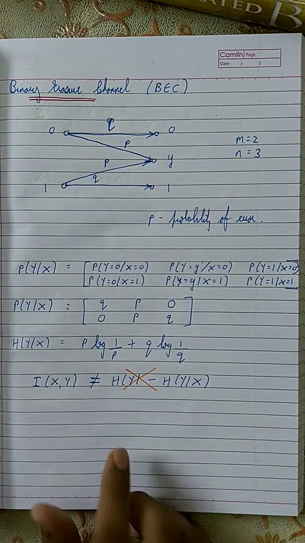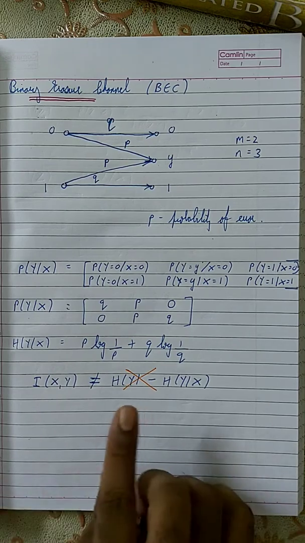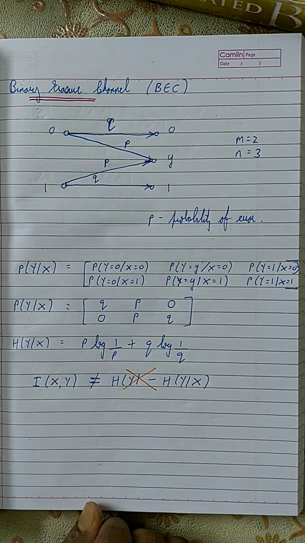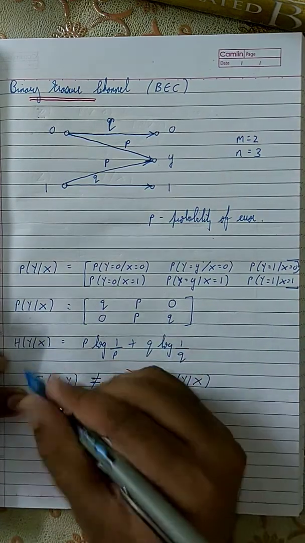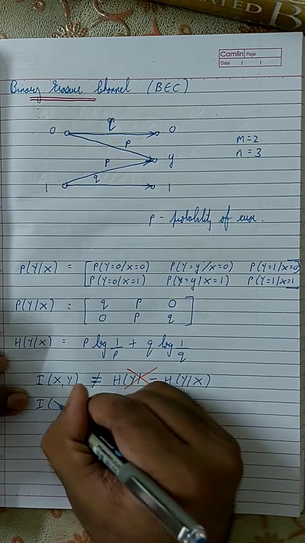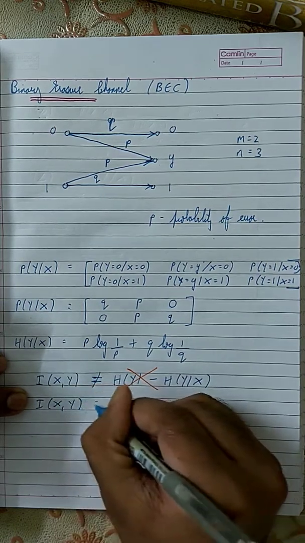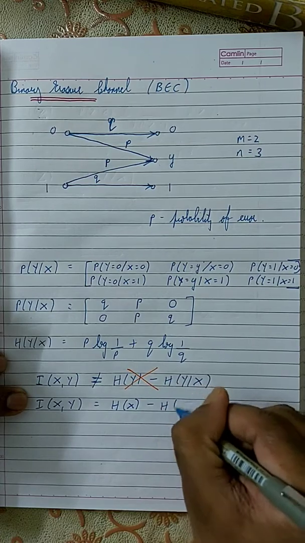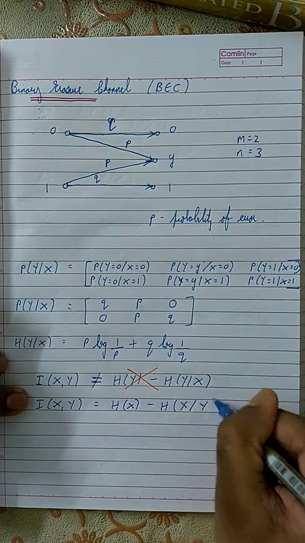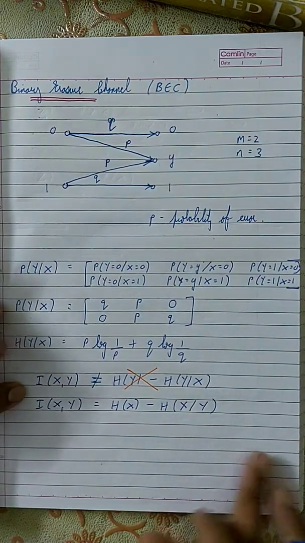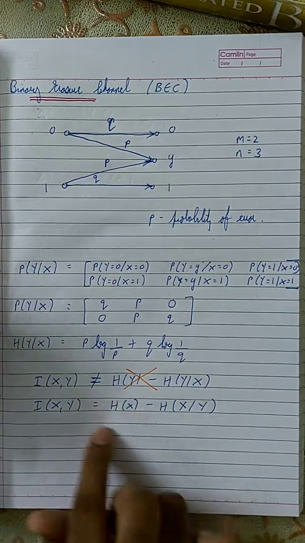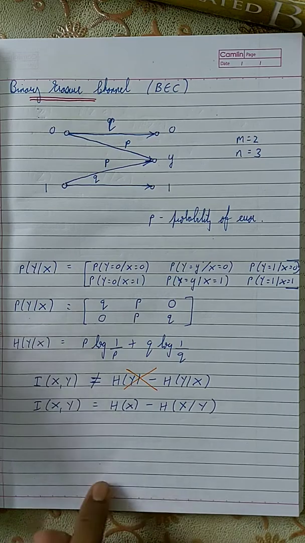In effect, you cannot use any equation for mutual information which has H of y inside it. Which means only one more equation is left to find the mutual information, that is I of x comma y is equal to H of x minus H of x by y. This is the only equation left from where you can find the correct mutual information.